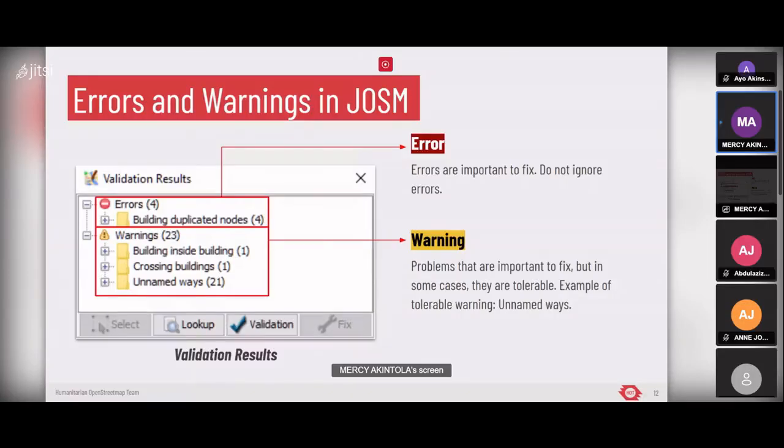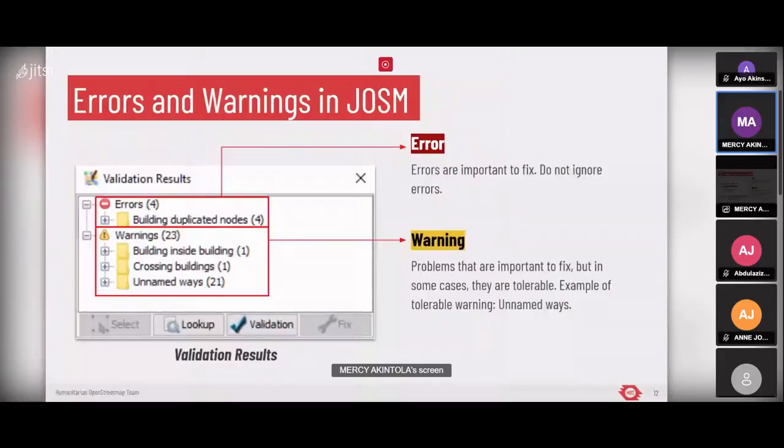Warnings are problems that are important to fix, but in some cases they are like that. There are sometimes when we are mapping a large area, let me just use the southwest. In a particular compound, you may have like 3 buildings, and the buildings are not connected to each other. So a mapper may map each building together, and when you're not checking, you have buildings inside a building, or another person just maps the whole building as one.